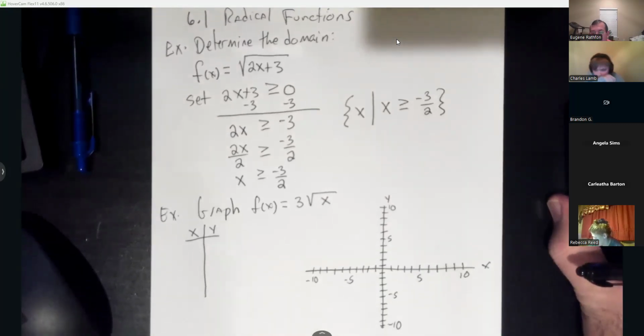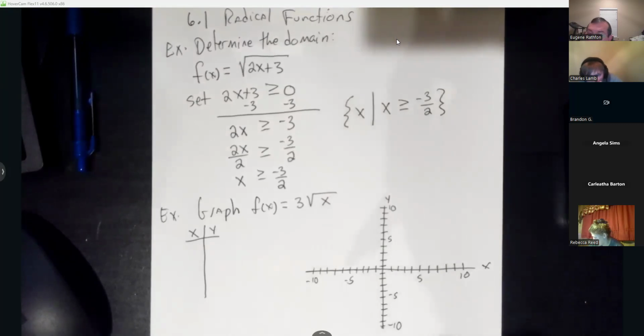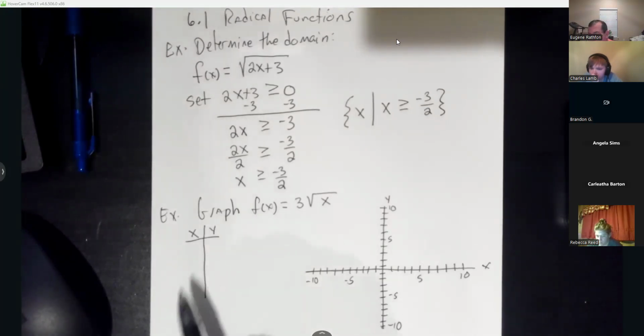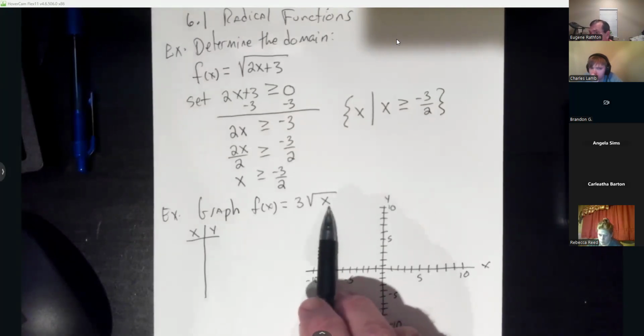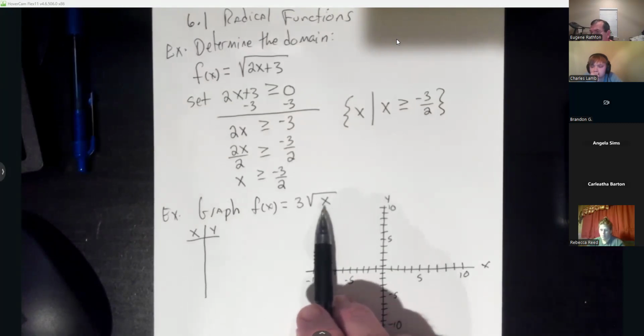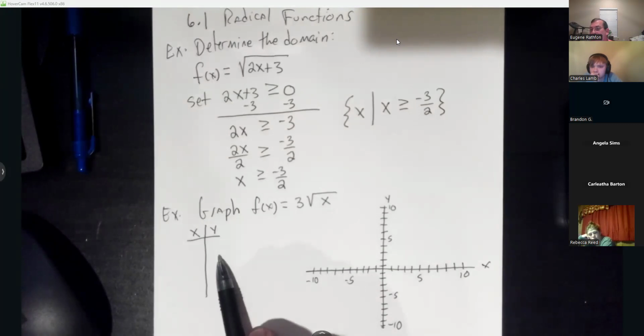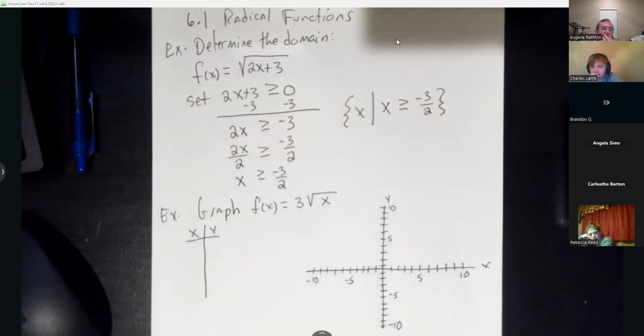Alrighty. I am very picky when I pick these x's. So Charles, what's going to happen when I pick my x's? I'm going to be focused on this radical. But whatever I take the square root of is going to get multiplied by 3 to give me my y value. Okay?